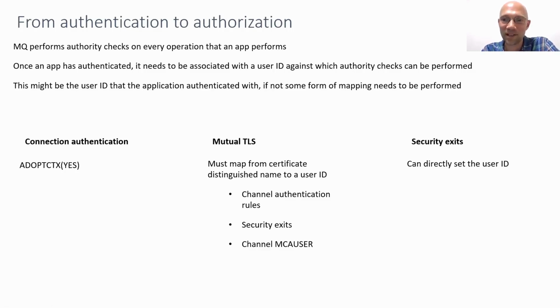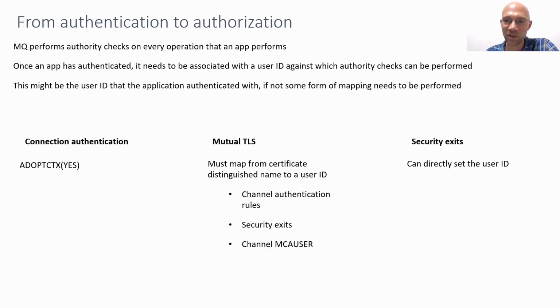So in order to make sure that every connection has a user ID, we need to map a connection that's been authenticated to a user ID. Now, there are different ways of doing this, depending on how the application has been authenticated. If the application connects and authenticates using connection authentication, and that is, it's provided a user ID and a password or an authentication token when it connected, you might want to use the user ID in the credentials that the application sets.